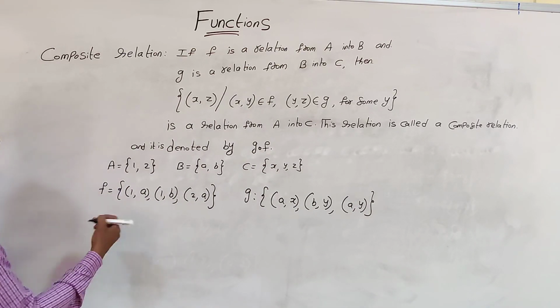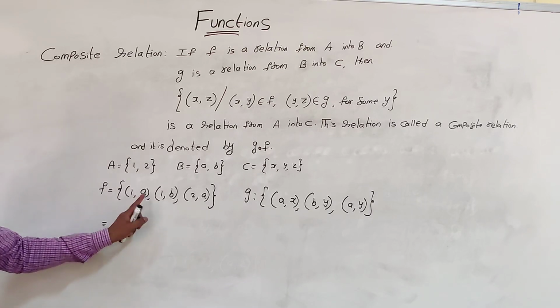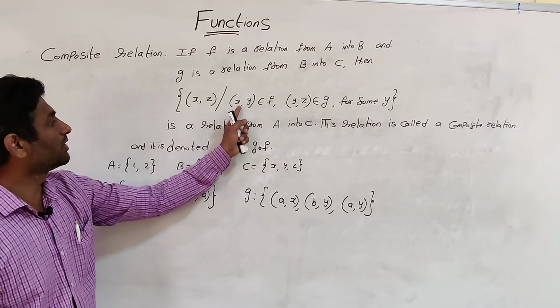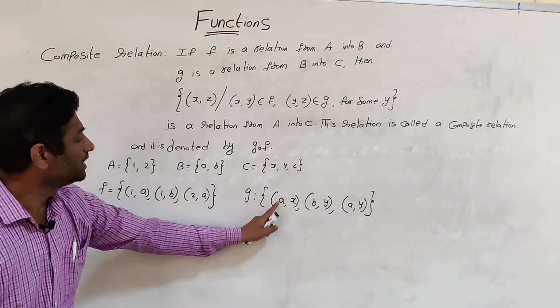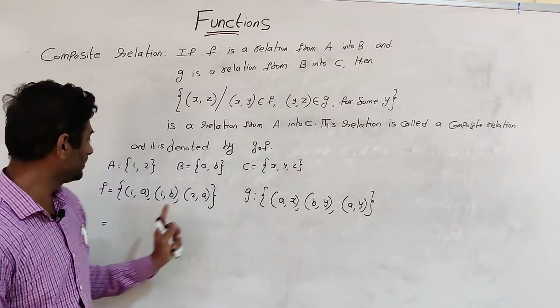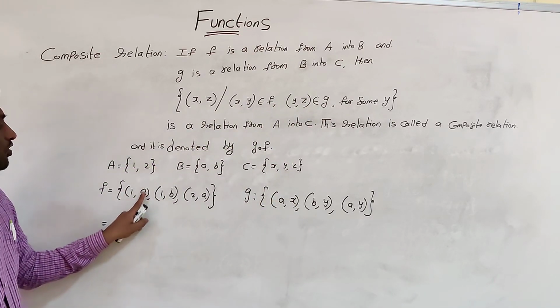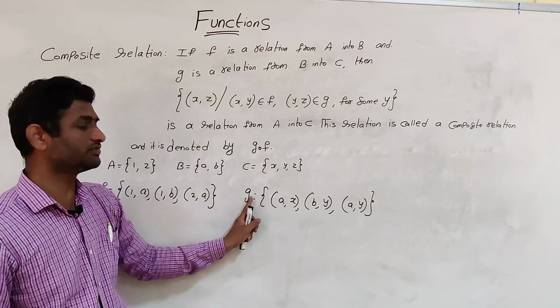Now, we'll go for the ordered pairs. (1, a) belongs to F, (a, x) belongs to G. Means the second component of F and the first component of G are same.